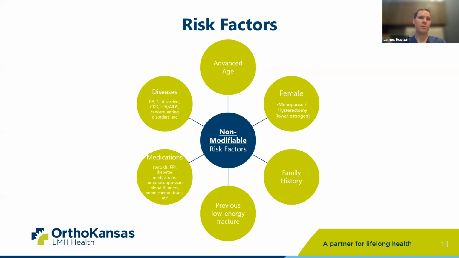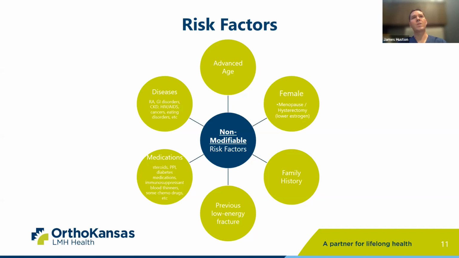Some proton pump inhibitors, which are acid reflux medicines, certain diabetes medicines, immunosuppressant medications, certain blood thinners, many chemotherapy drugs, and certainly more medications do have a potential side effect of decreasing bone mass and putting a patient at risk for osteoporosis.